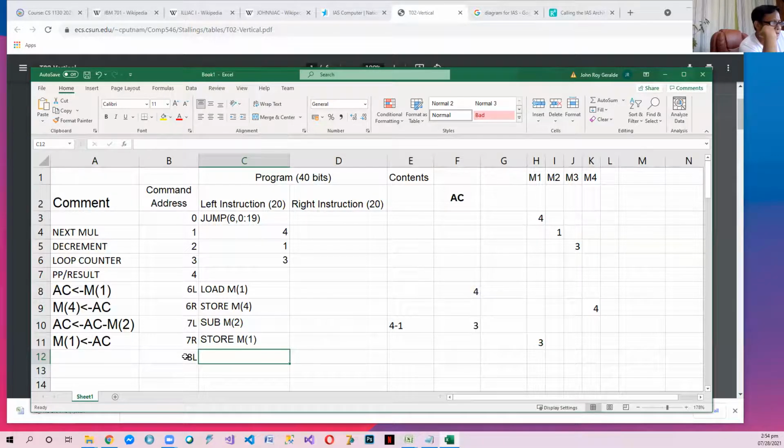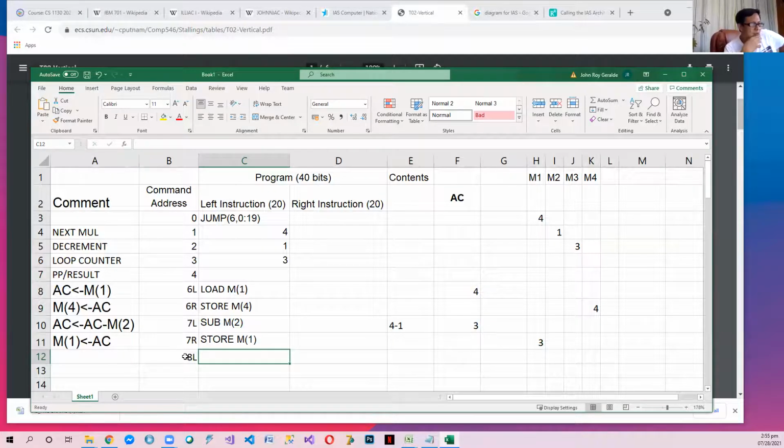Dapat hindi M1 yung ating load. We load M2 and we mole M1. Because M2 is 1, and M1 is 4, so we'll have 4 times 1. Okay, is that correct? Tama ba tayo?